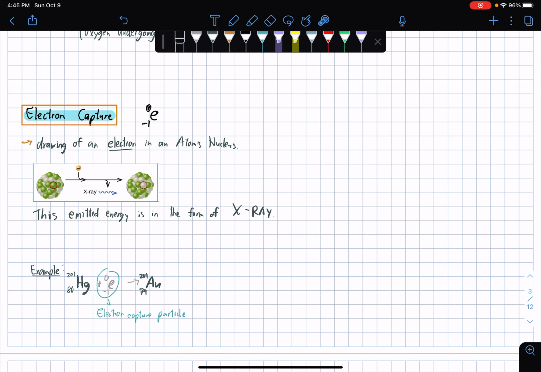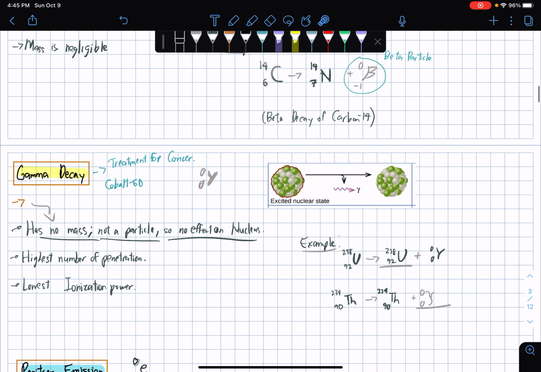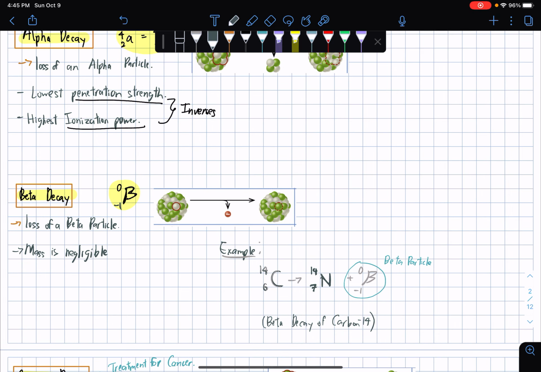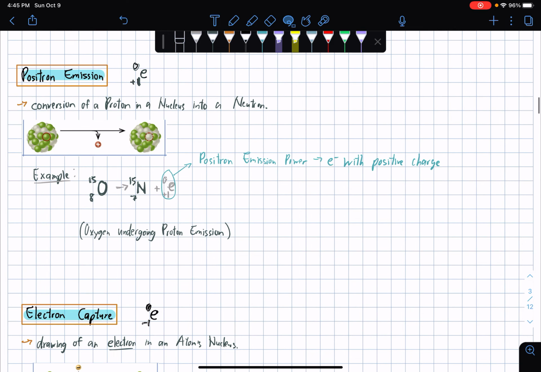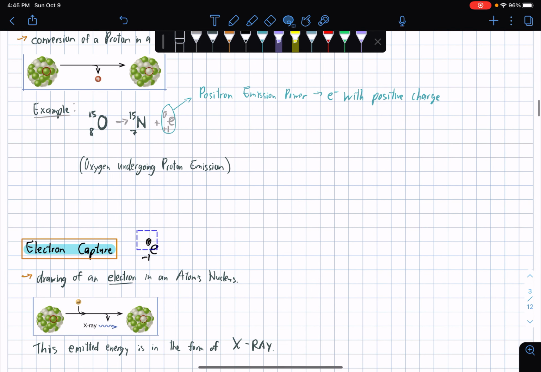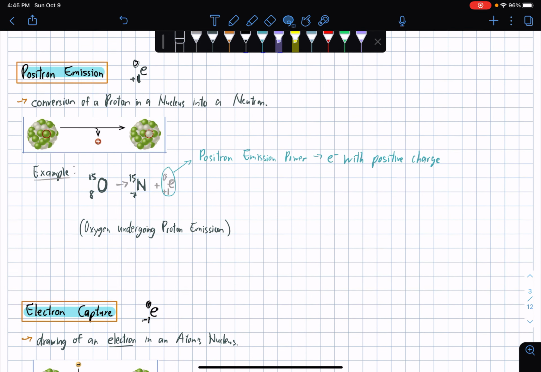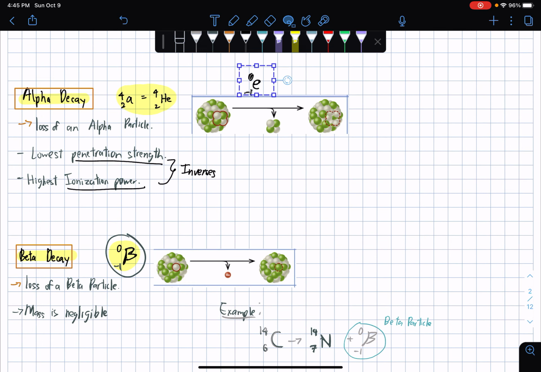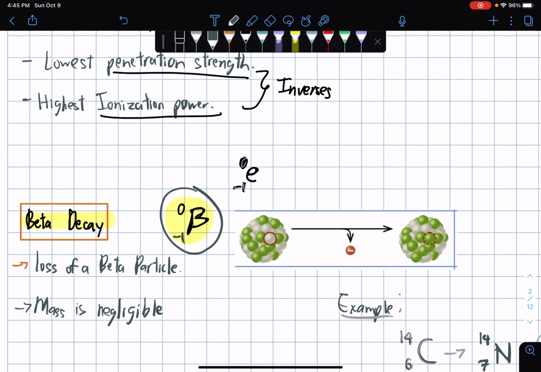Anyways, now I'm about to say what I initially wanted to say earlier. Electron capture is, in theory, the same as beta decay. As you can see here, we just copy paste the model for electron capture.